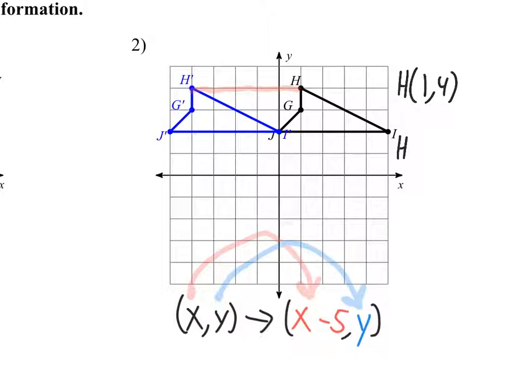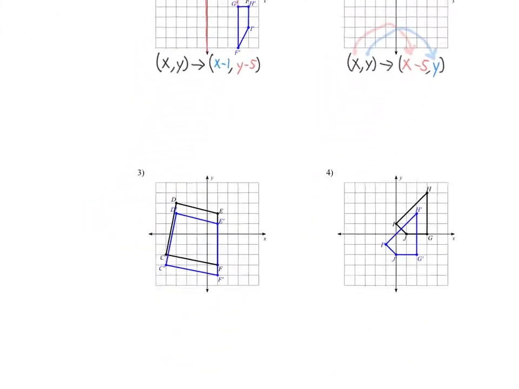For h prime, I got to count this real quick, 1, 2, 3, 4, we had to go back 4, and looks like up 4. So what I want you to see, using the same colors that I did on the bottom, our x's from here to here, we went down by 5. Our y column from here to here, nothing changed. Just want to make sure you guys see that.